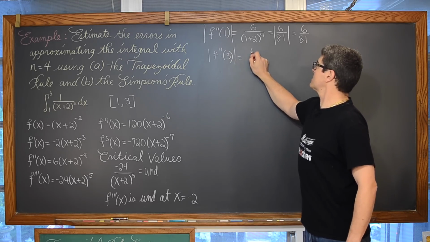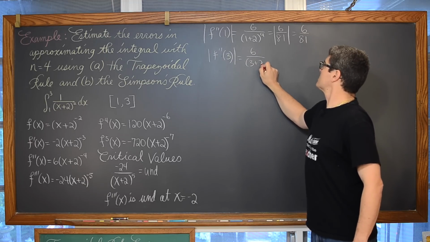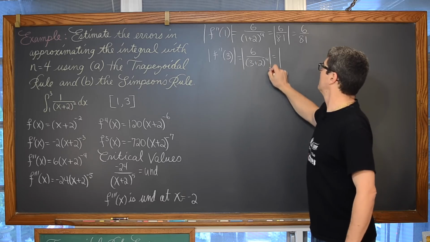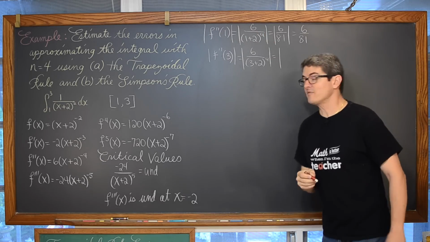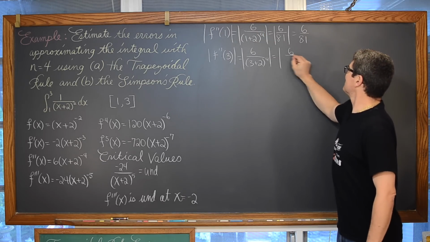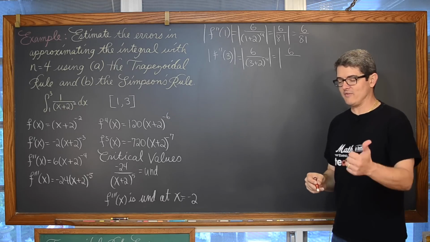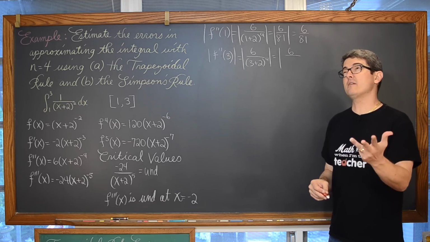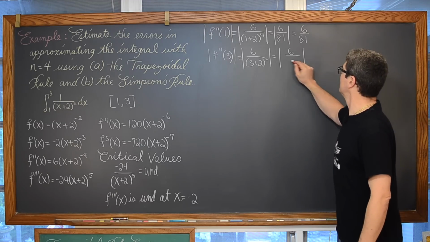That is going to be 6 over 3 plus 2 to the fourth power, which is going to be the absolute value, and I'm forgetting all those absolute values everywhere, of 6 over 5 to the fourth power. Well, 5 times 5 is 25, times 5 is 125, times 5 again is 625.